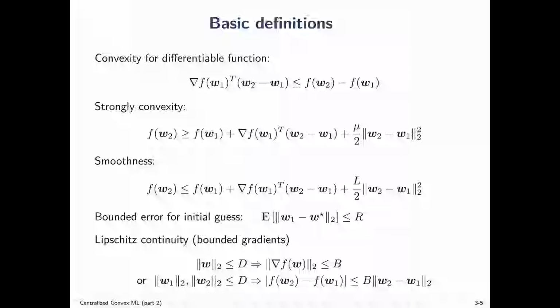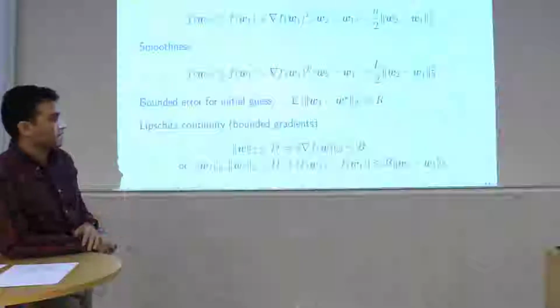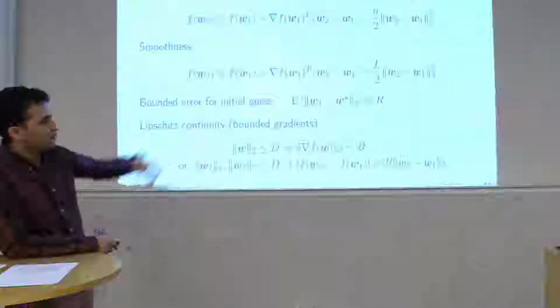The first one is a bounded error in the initial guess. It can be easily satisfied if we say that all the parameters that we are looking for are within a compact, bounded set. So it will automatically satisfy that.